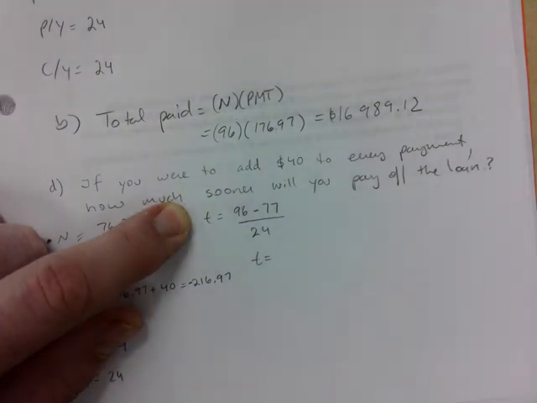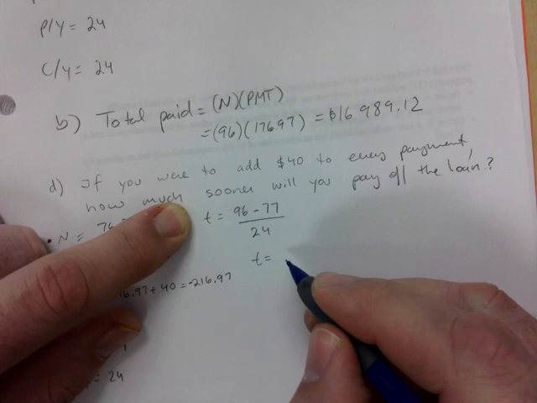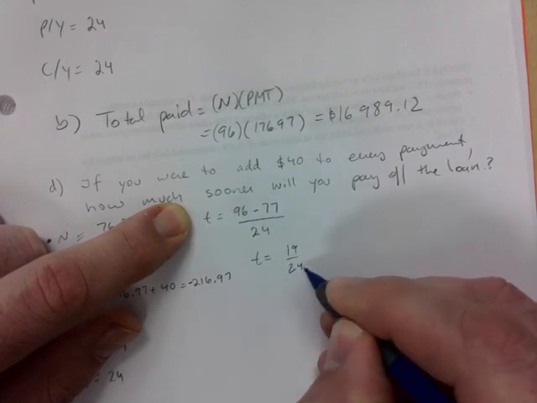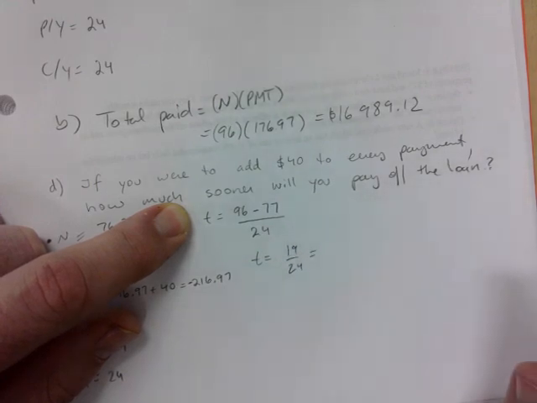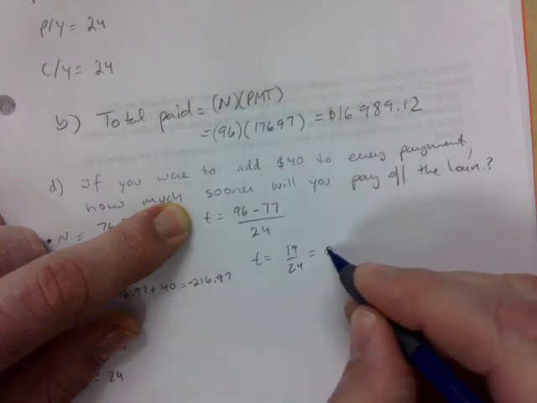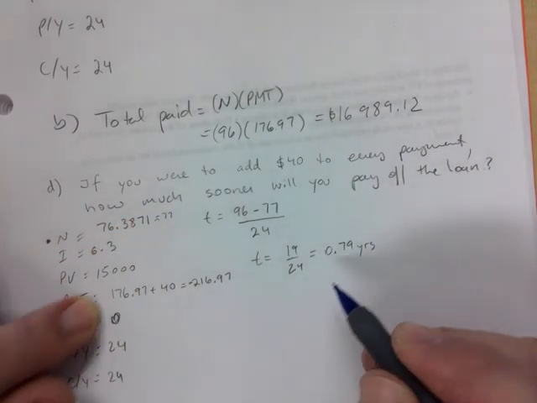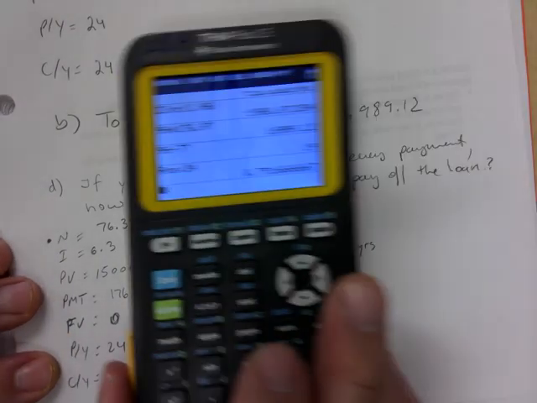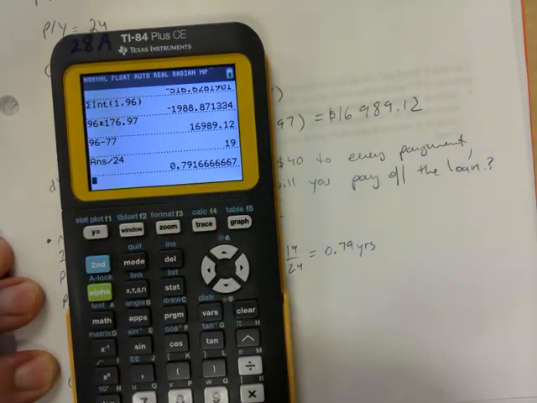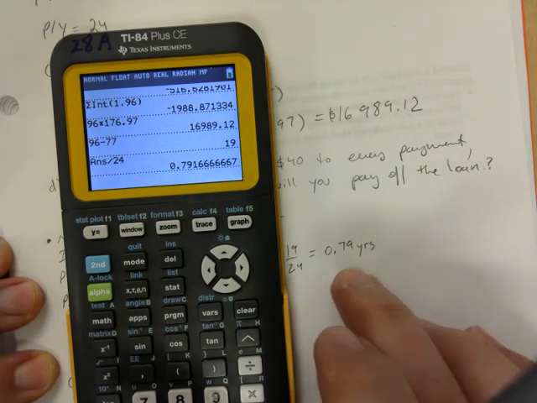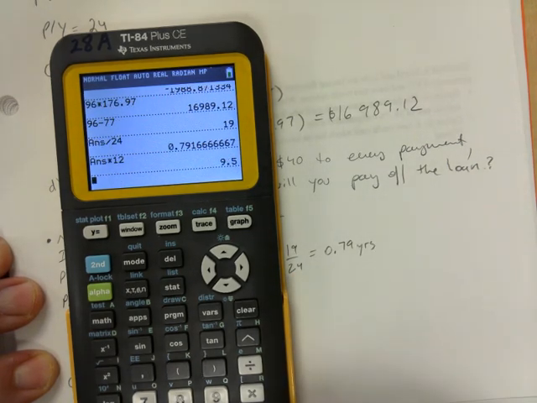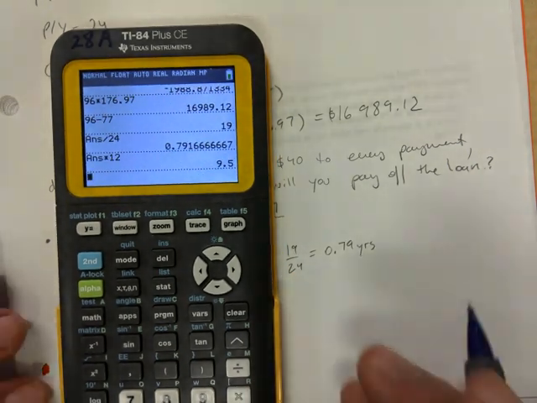Okay, so 96 minus 77 is 19 over 24. That would be 0.79 years. You could turn this into months, right? You multiply it by 12. So about 9.5 months, right?